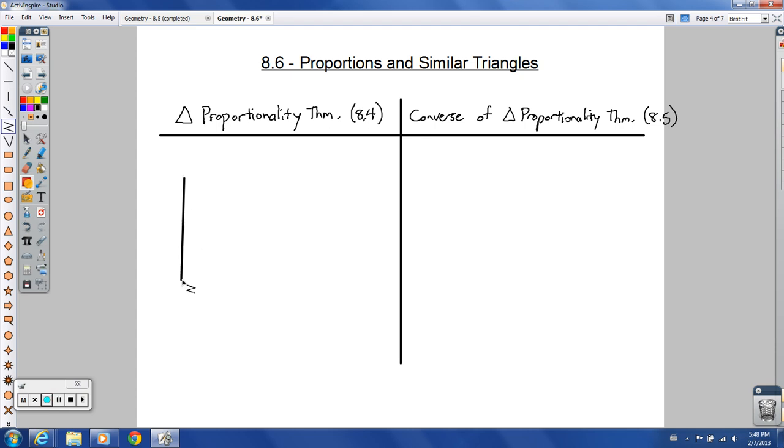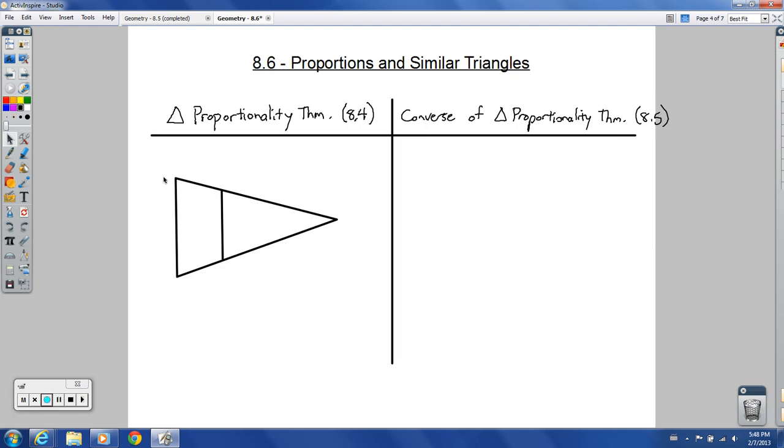I want you to draw a fairly big triangle. And then I want you to draw in a side that's parallel to this side as best you can. We're going to have the same picture in both of these to start. So I'm just going to duplicate that, put that over here. But there's going to be different things that are true to begin with.